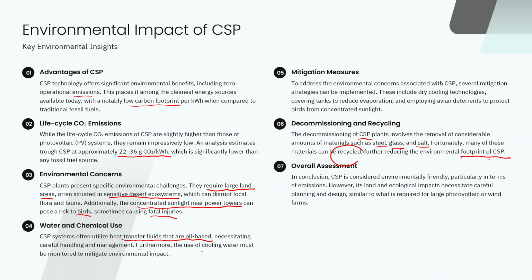So overall it can be considered environmentally friendly, particularly in terms of emissions. However, the land and ecological impact is a little bit high, the same as what is required for large photovoltaic and wind farms as well. You need a large landscape, and there could be other impacts to the habitats around it.